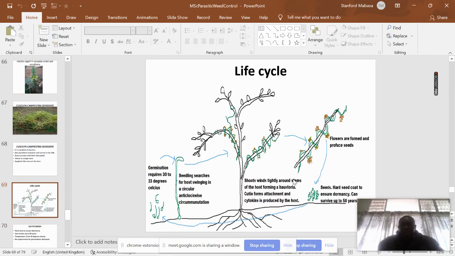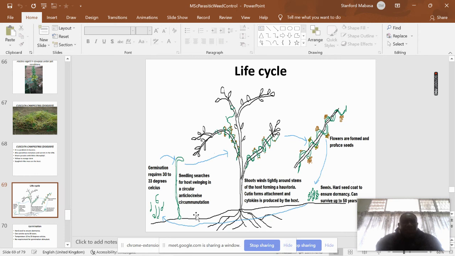Here, I just want to explain a bit on the life cycle. What you should remember is that this parasite doesn't require germination stimulants like Striga species. It only needs temperatures around 30 to 33 degrees Celsius plus moisture. If there's no dormancy, you get straight germination. Now, after germination, you get the plumule being elongated, and it will start to move in an anti-clockwise direction, which we call circumnutation.